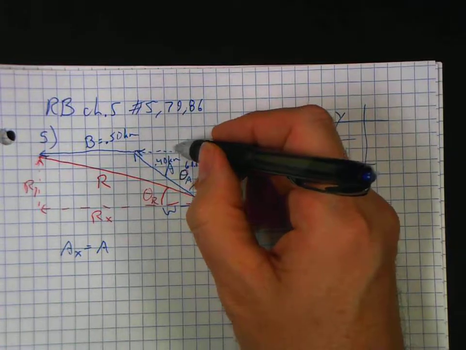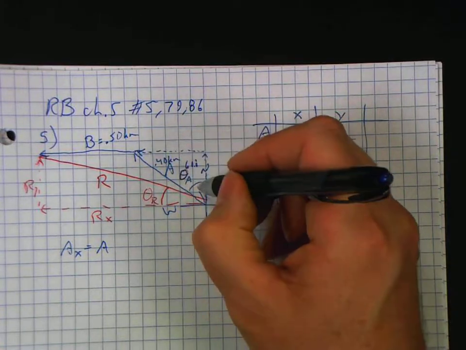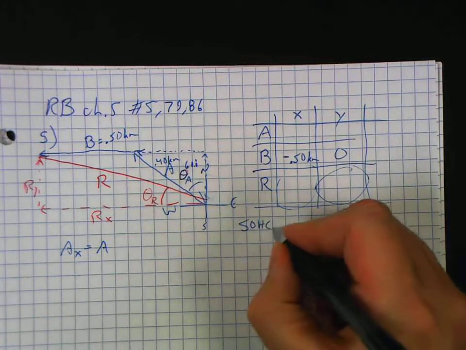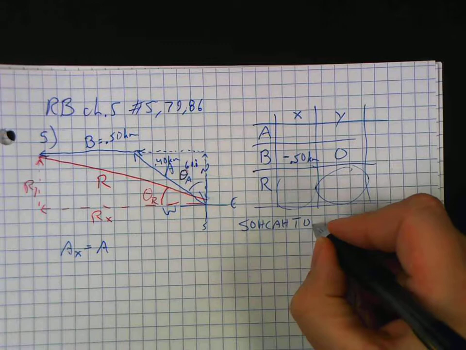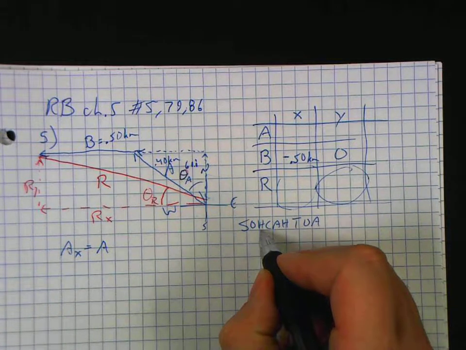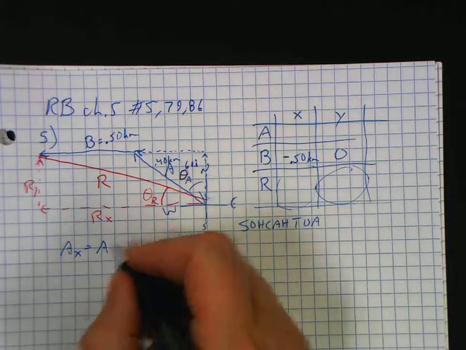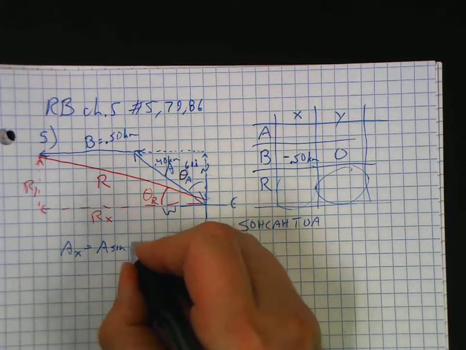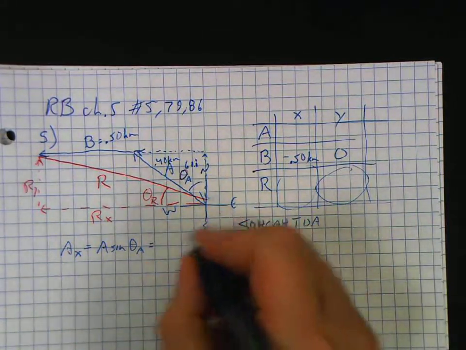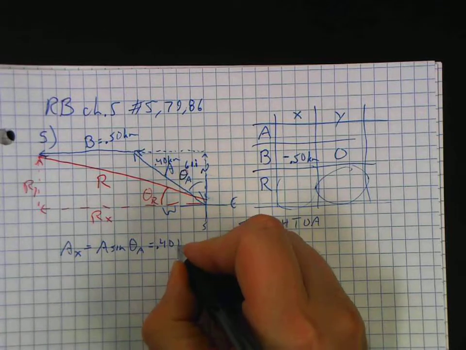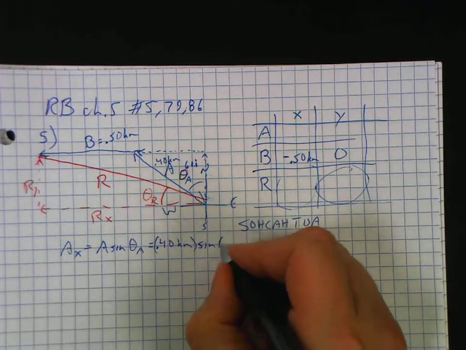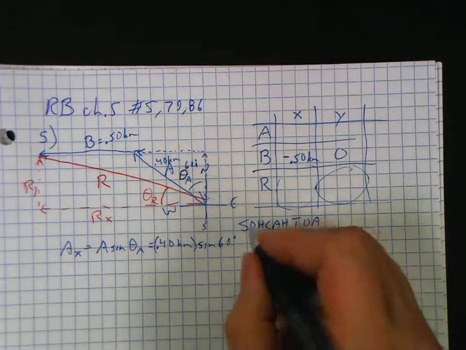Since the X component is opposite our angle, we've got SOHCAHTOA, and the opposite side and our hypotenuse are linked together by sine. So it's going to be the magnitude of A times the sine of the angle associated with A. So that is going to be 0.40 kilometers multiplied by the sine of 60 degrees.